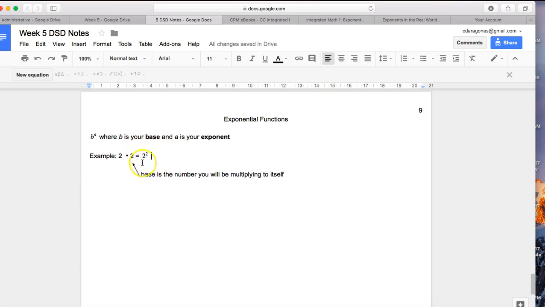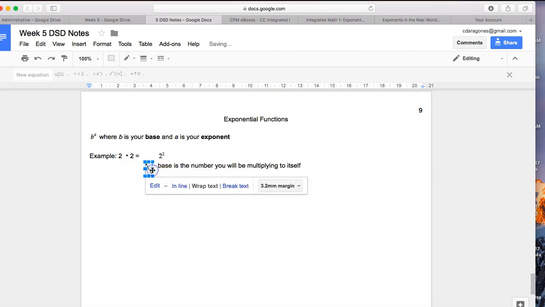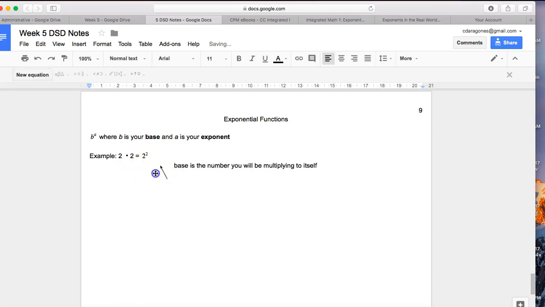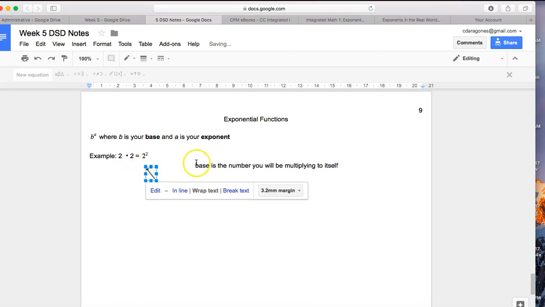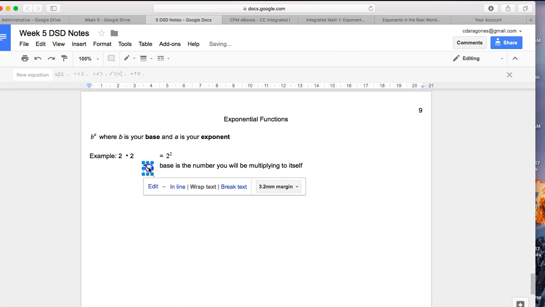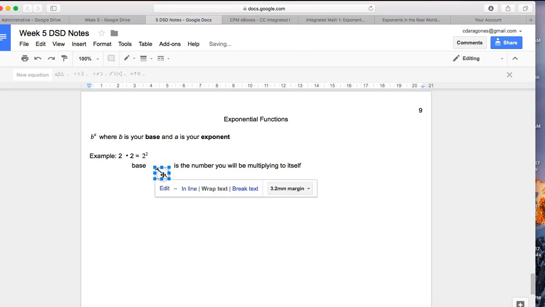And then the exponent, well, let me scoot this so that you can, I'll point it at the 2 right there. Okay, sorry.